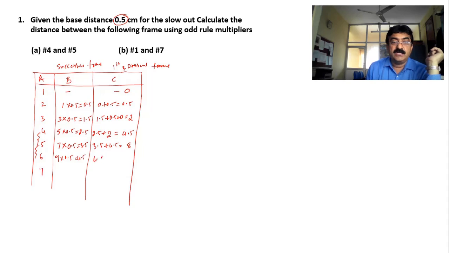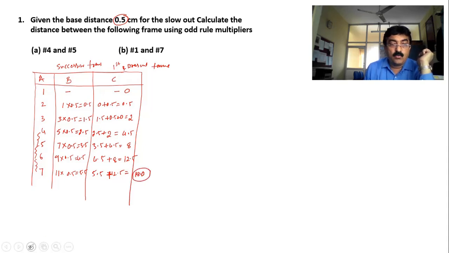Next it is 4.5 plus 8, that is nothing but 12.5. Now comes 6 and 7. 11 is the next odd number, 11 times 0.5 is 5.5. So next it is 5.5 plus 12.5, that is nothing but 18. Well, now what is required, that only I will encircle.